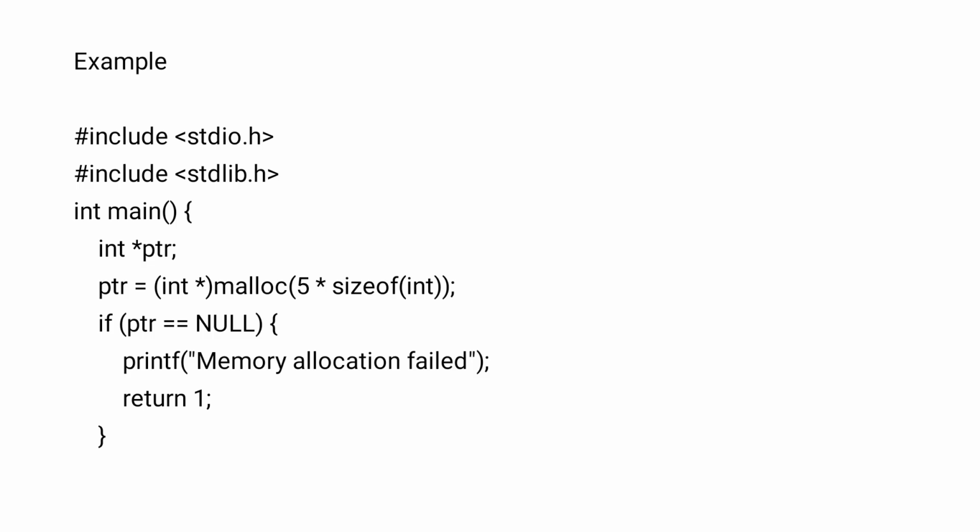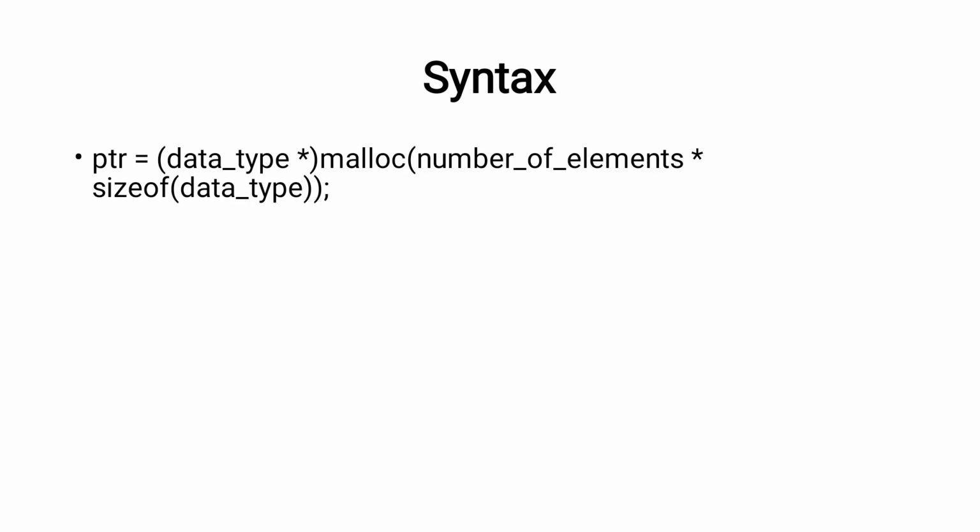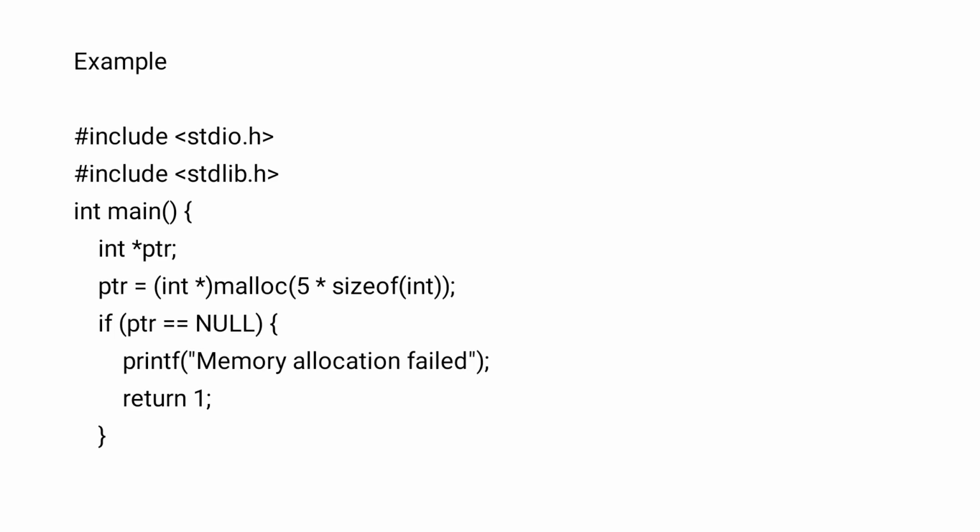For malloc we have to follow this syntax. So ptr, that pointer variable, equals int star, I am using integer data type, so int star malloc, and I am going to allocate memory for 5 integer variables, so 5 star size of int. After this line the memory will be allocated for 5 integer data types.